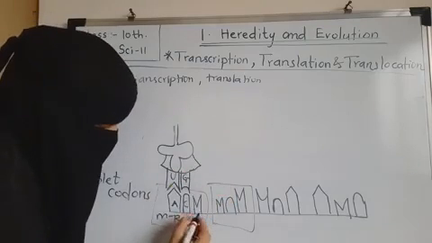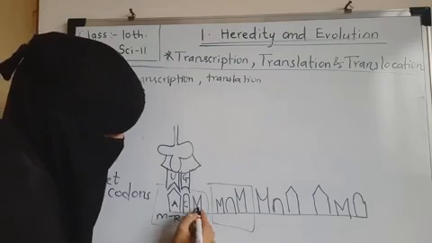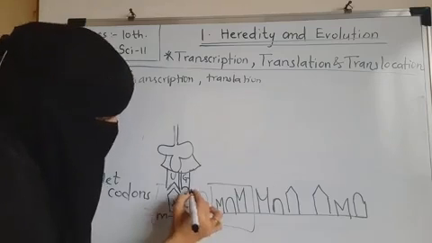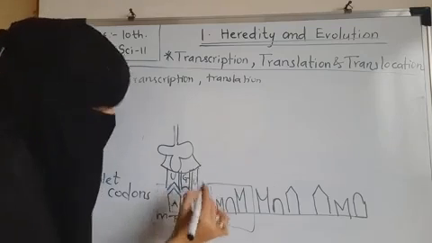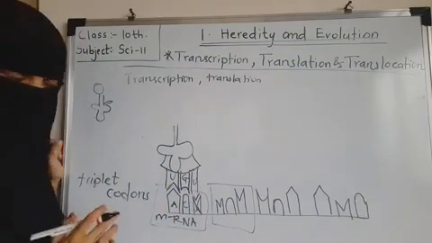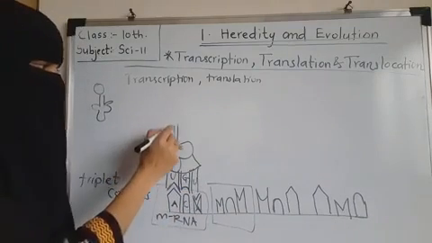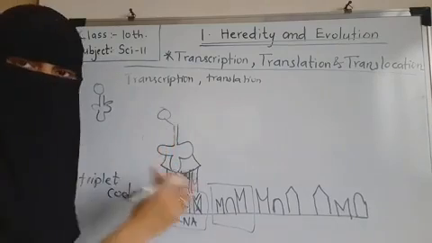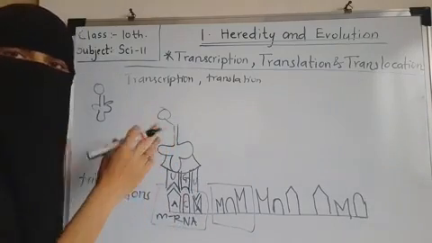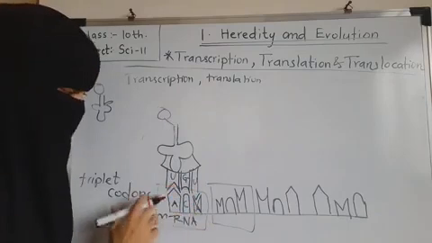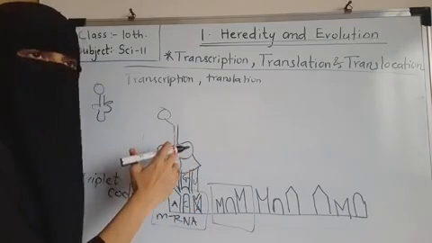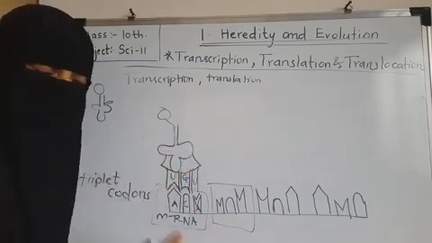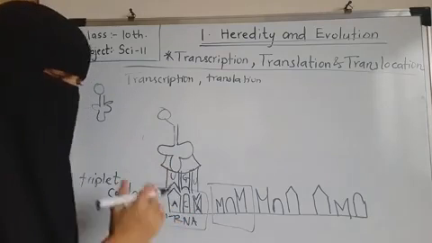If the codon has A, then again it will have U. That means they are complementary to each other. So how will the transfer RNA know where to attach itself? Through the anticodon. Whatever codon is there, the anticodon on that transfer RNA is complementary, so it will get attached to it properly.